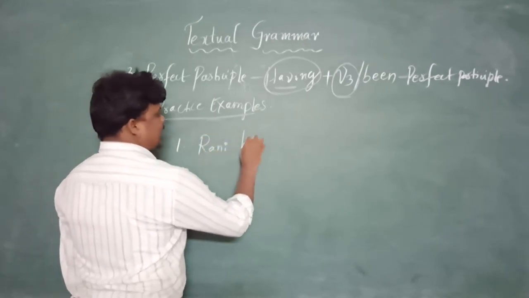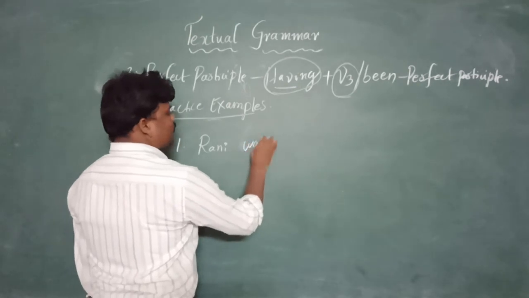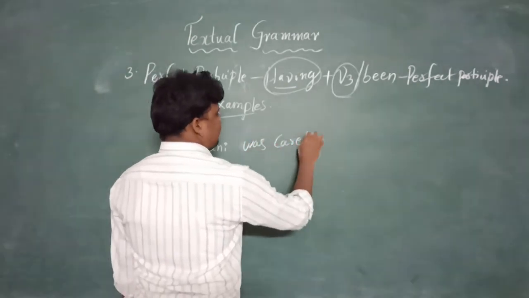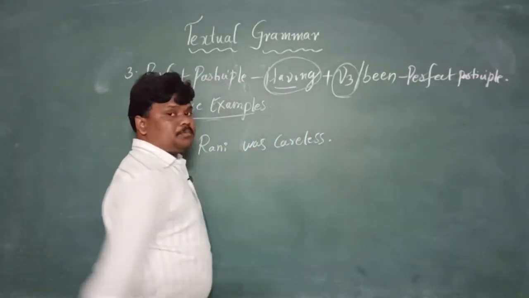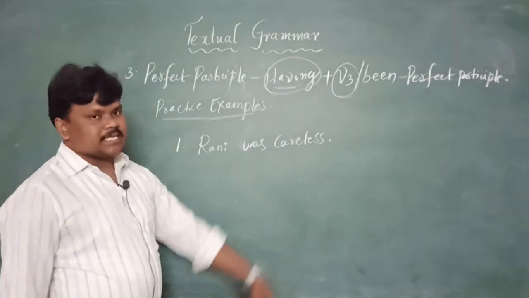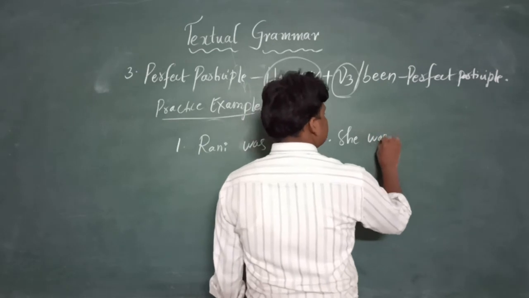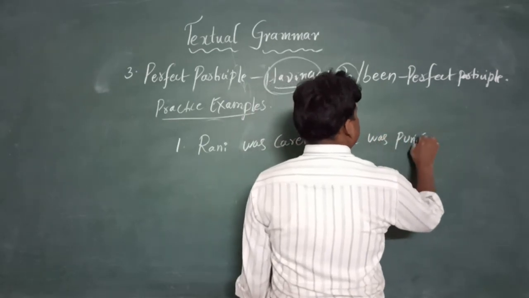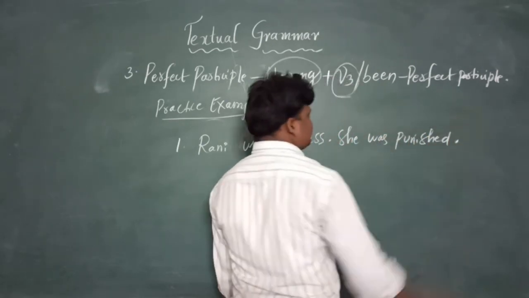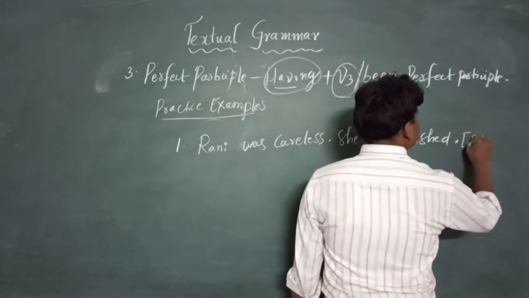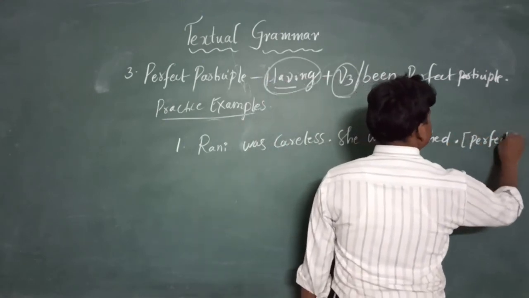Rani was careless. Full stop. She was punished. Full stop. We need to combine the two sentences with perfect participle.